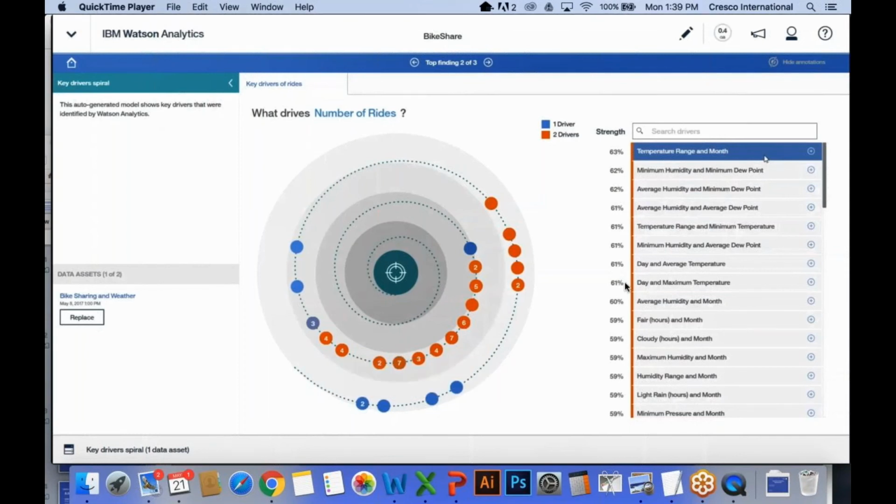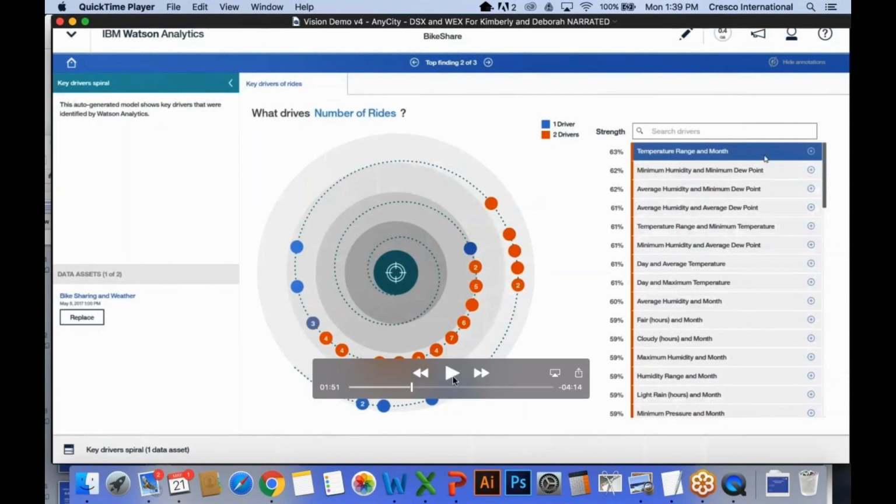So if a combination of temperature range and month has 63% data strength, what that tells me is it is more likely that a rider is not going to ride when it's a very hot and sunny day because you don't want to go to work all sweaty, or that the average humidity and minimum dew point also play a big role in defining how my ridership is.